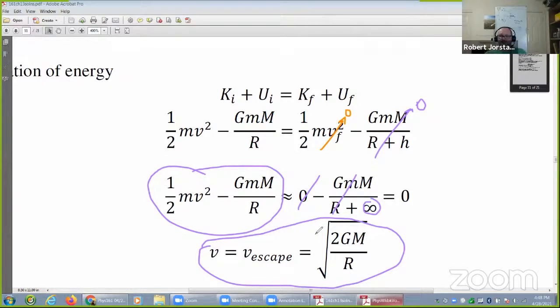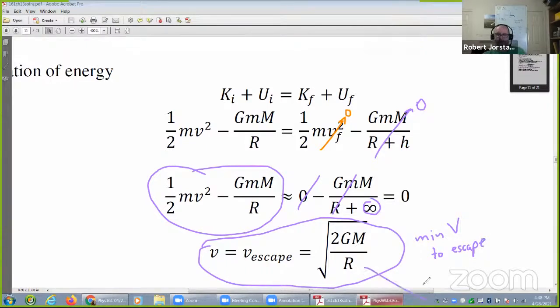This is called the escape velocity because it is the minimum V to escape. What would be different in this problem if we did it again, but we used a speed larger than this number?